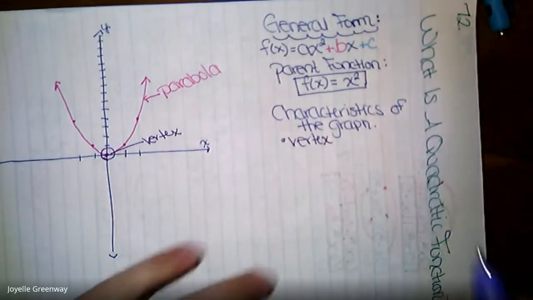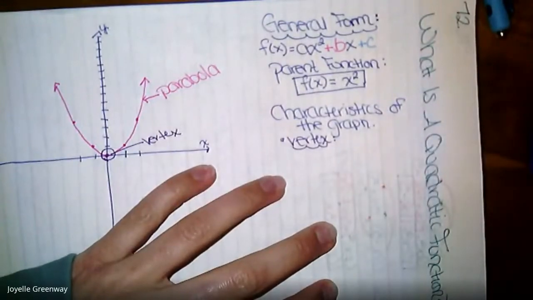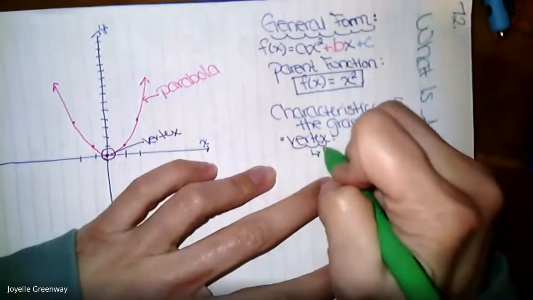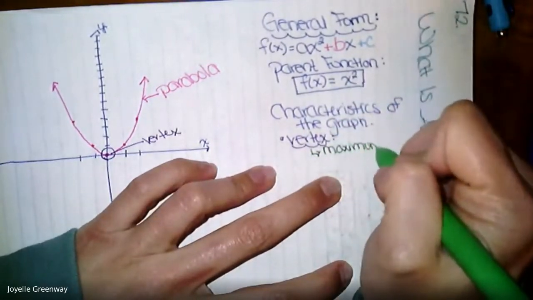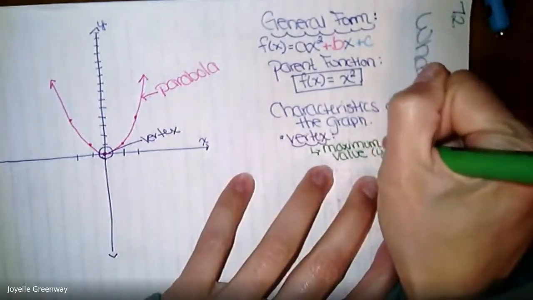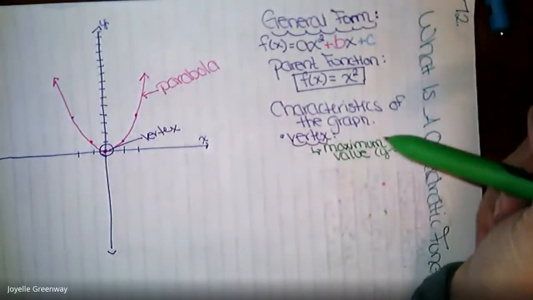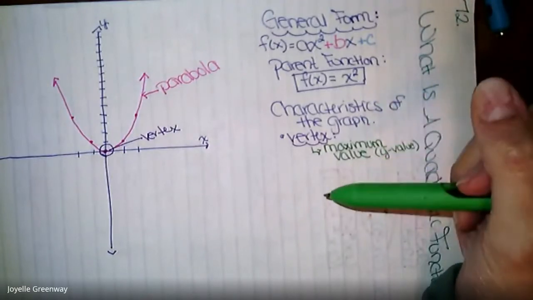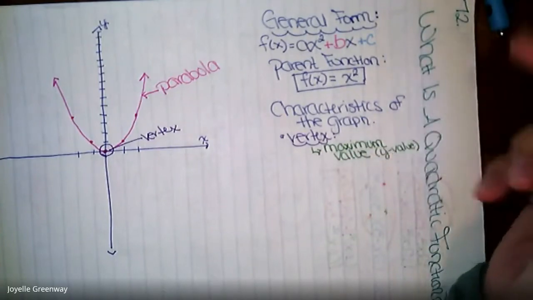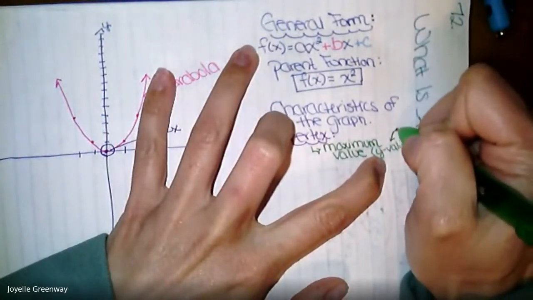It can tell you if your graph has a maximum value. So your vertex is either the maximum value, and that's the y value of your vertex. So if you think about a maximum value, it means it's the highest value that graph can have. So if you have a maximum value, your parabola is going to open downwards.